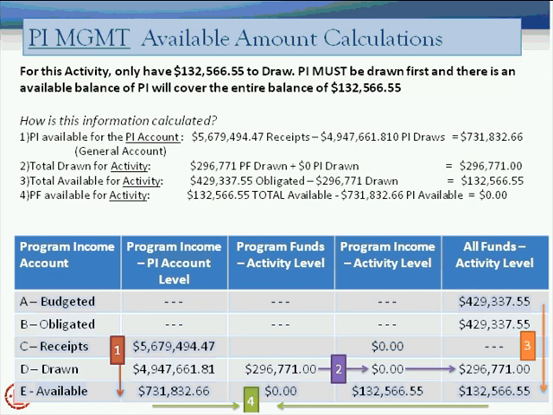You look at your budget, then at your obligated minus your drawn, the $429 minus the $296, and you get the $132,566. Then you need to figure out whether you can take from your program funds or your program income. Of the $132,566 that's available overall in your activity, you can only take from program income because there's an available balance of $731,832.66 as of right now.